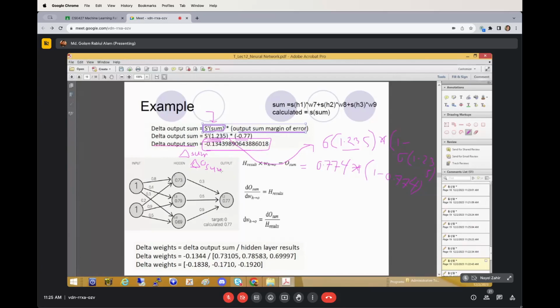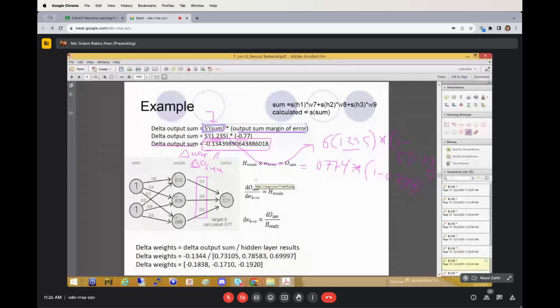Okay, so we already got that, the delta output sum, we determined that. But now we want to update these values. At first we need to decide whether we need to change them positively or negatively. That means whether we need to increase the values 0.3, 0.5 and 0.9, or decrease them.